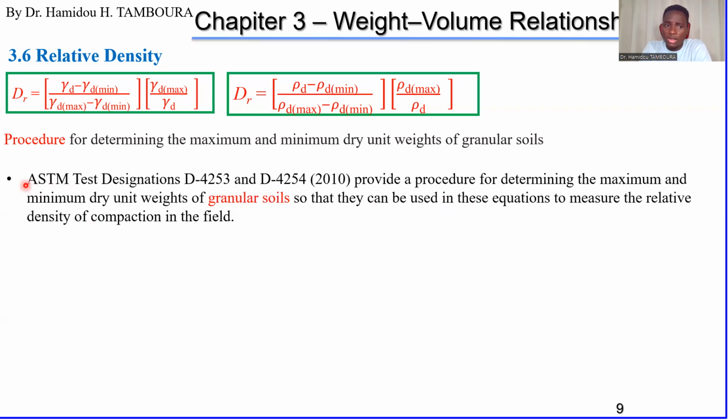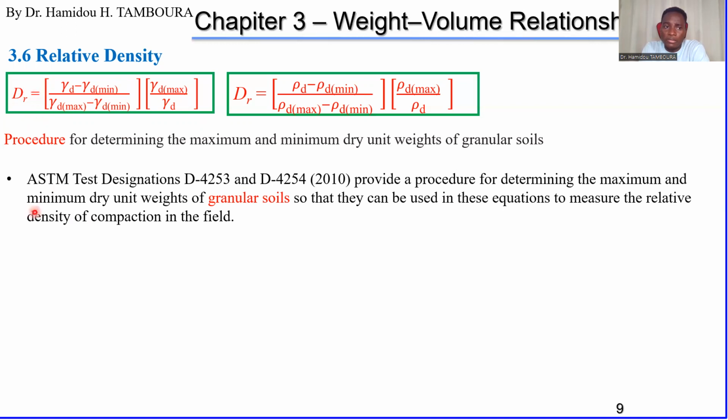Okay, so the procedure to obtain the maximum and minimum dry unit weight for granular soil. These two American Society for Testing and Materials designations provide the procedure for determining the maximum and minimum unit weight for granular soil. Okay. So after obtaining the minimum and maximum unit weight, we can use these two formulas to obtain the relative density.